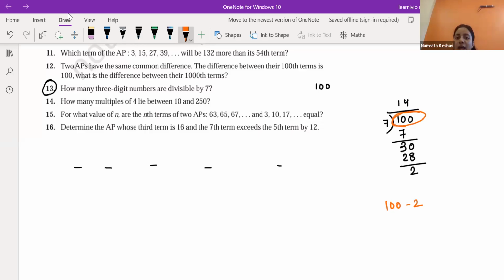The moment you subtract this 2 from 100, you will get 98. That will be completely divisible by 7. You can check with any number. If you divide 13 by 2, you get 2 6 times 12, and the remainder is 1. This remainder is the extra in 13.